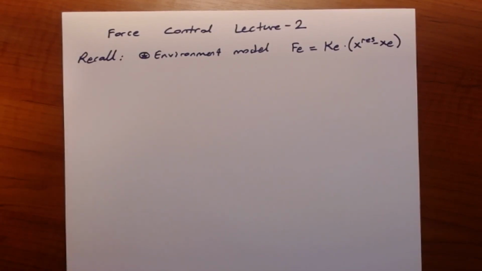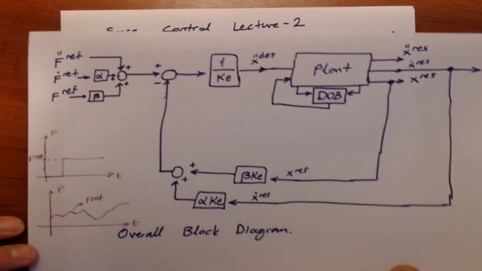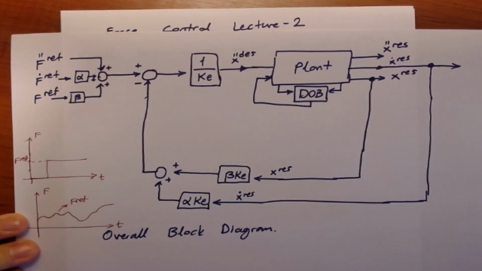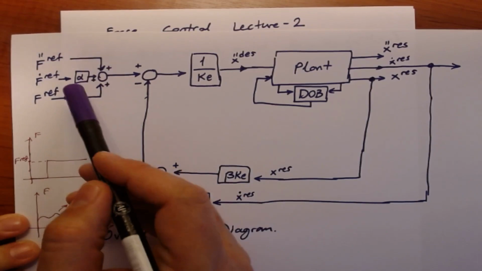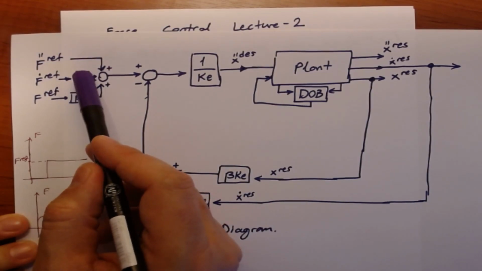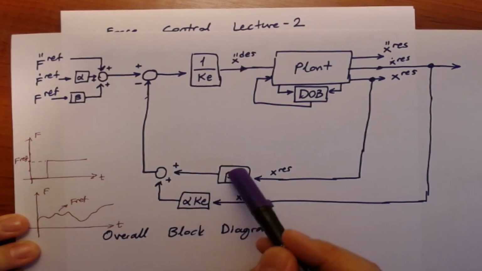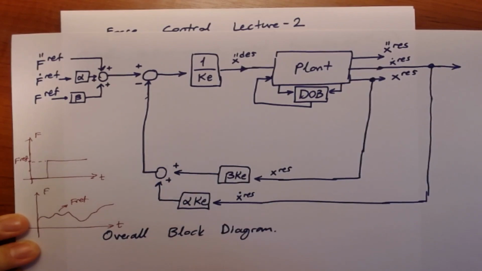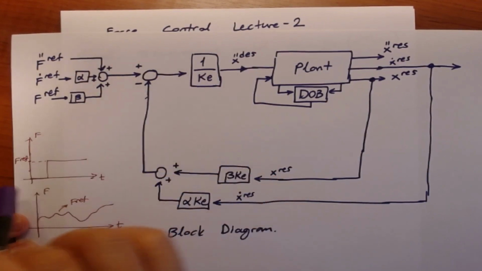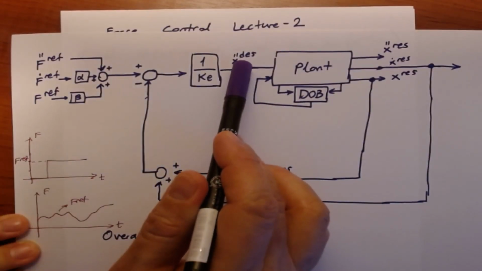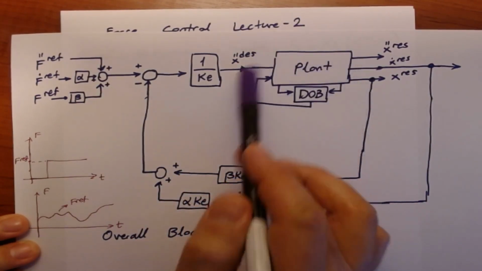If you remember, in our previous lecture we derived that model where we had the continuously twice differentiable force reference, the scales of the control action alpha and beta both going to the reference and going to the response, the feedback channel, and our input being scaled by 1 over ke, which was giving us the desired acceleration, and that was the input of a plant with a disturbance observer.